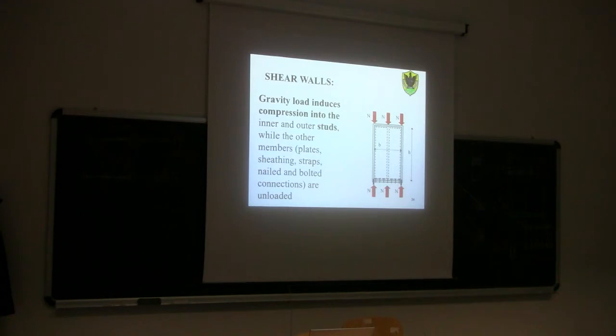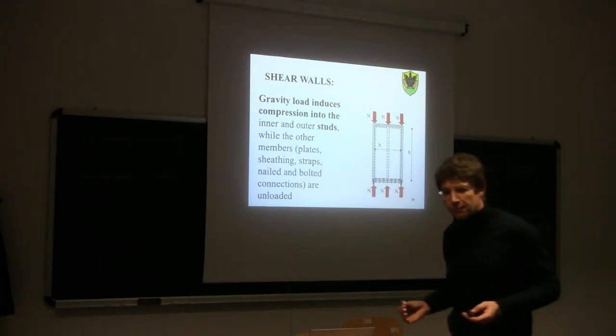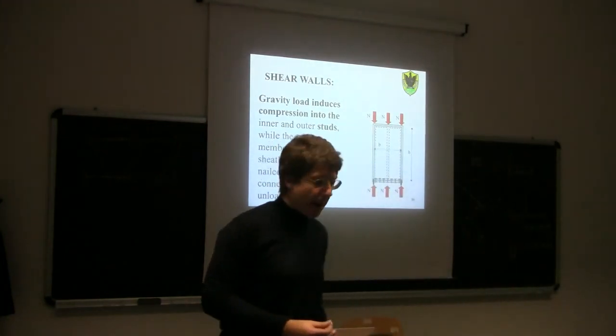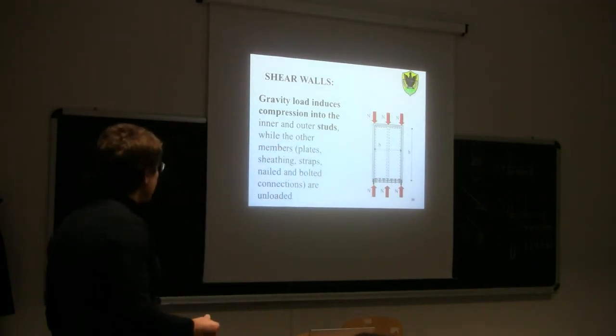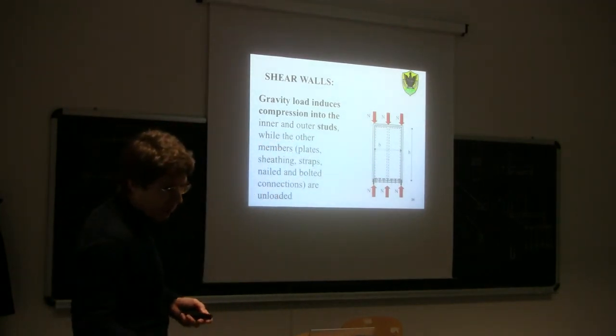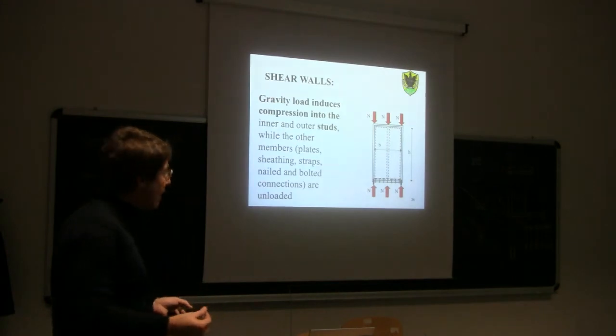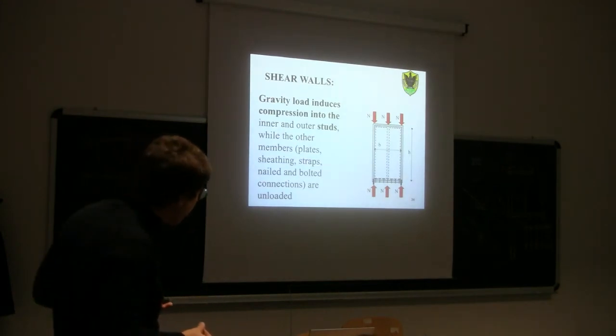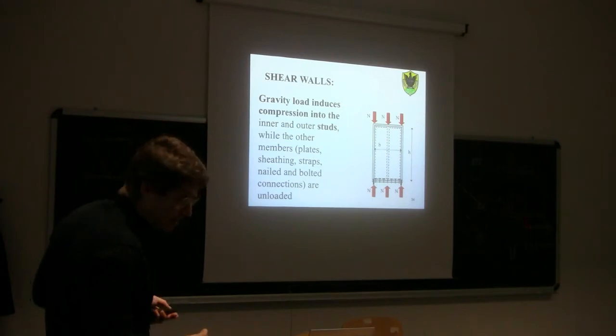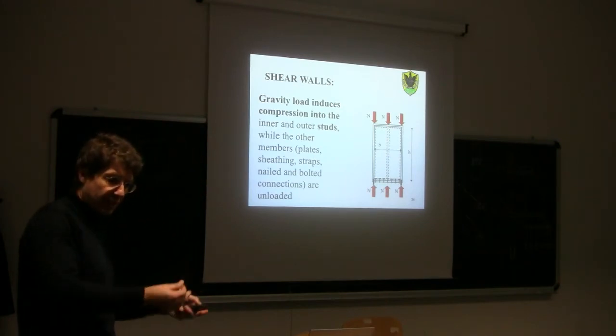Why instead can it buckle out of plane? Because we don't have an element that restrains the lateral movement. In reality there is an element, because the same sheathing is connected with nails to the stud itself.